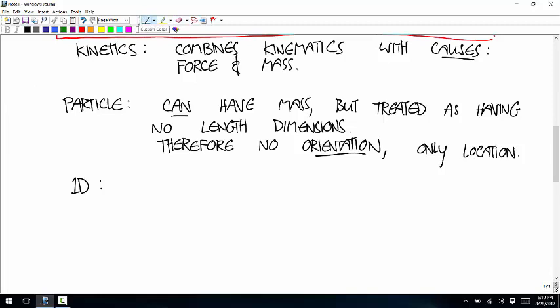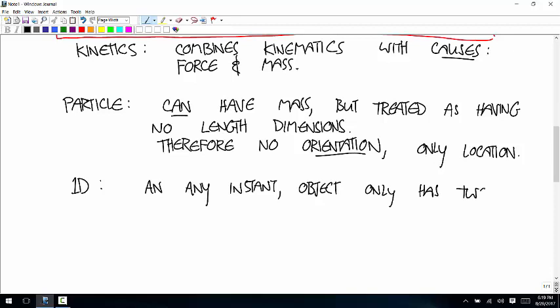1D means that at any location, at any instant, an object only has two directions to choose from.